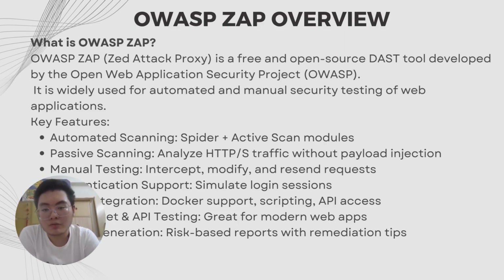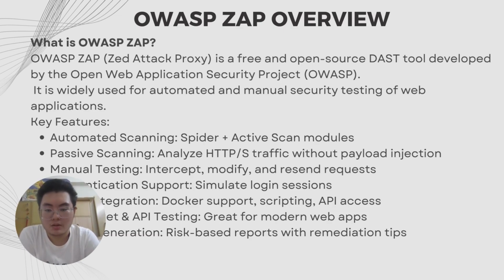ZAP supports both automated and manual testing. It has a spider to crawl our website and an active scanner to test for vulnerabilities. It also has a passive scanner to analyze traffic without modifying it, which is great for low-risk environments.